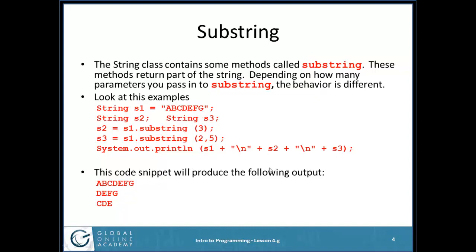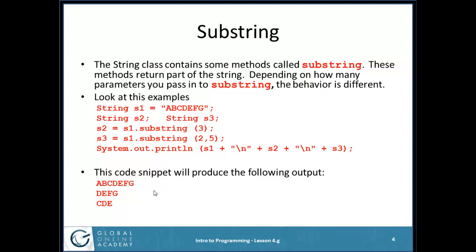And then S3 prints out just CDE. Where did that come from? I said 2 to 5. Here's 0, here's 1. Start at 2, C. Here's number 3, here's number 4. And stop just before you get to number 5. So it'll print out C, D, and E.